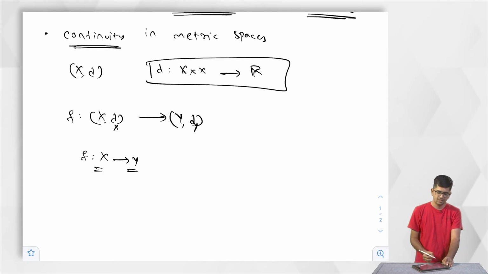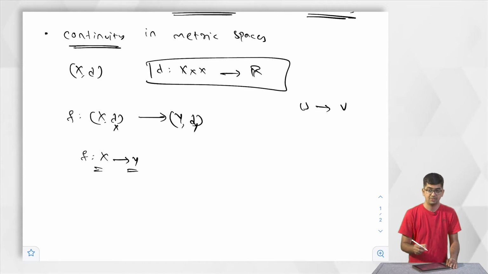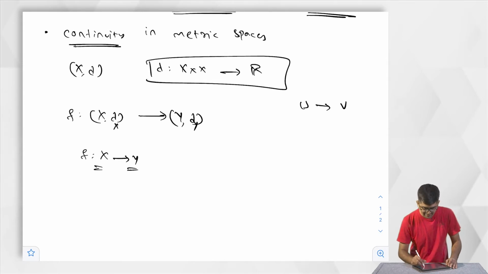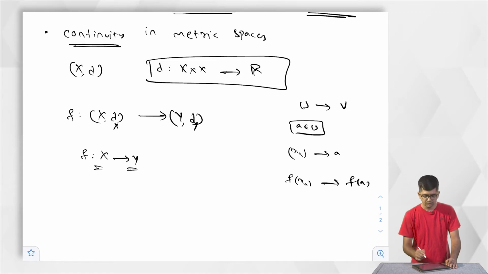What is the condition? Recall the case of continuous functions on subsets of real numbers. A function from U to V, both subsets of real numbers, is said to be continuous at a point a belonging to U if for any sequence x_n in U that converges to a, we have f(x_n) converging to f(a).